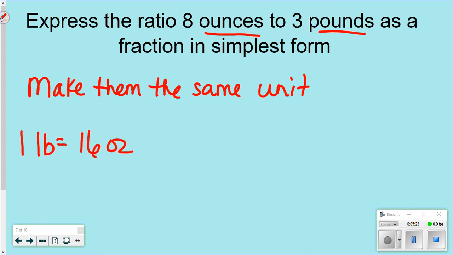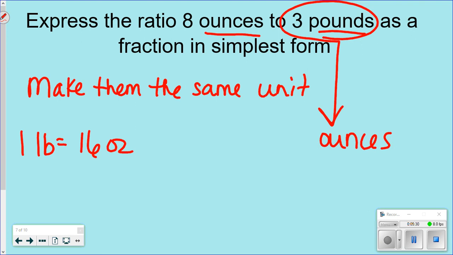So what I'm going to do is change this to ounces. Now, how do I do that? If 1 pound is 16 ounces, my next pound is 16 ounces, and my next pound is 16 ounces, what I can do is take 16 times 3. Okay, so really what this says now is 8 ounces to 48 ounces.